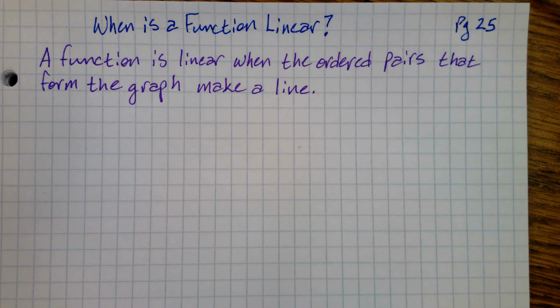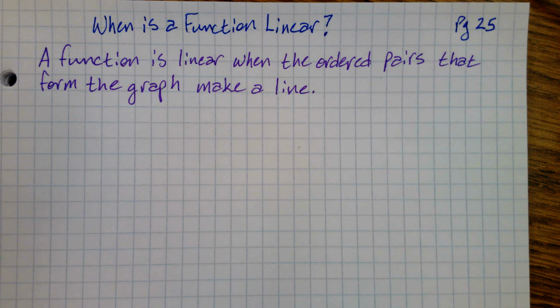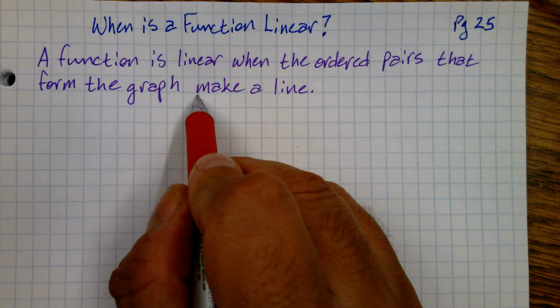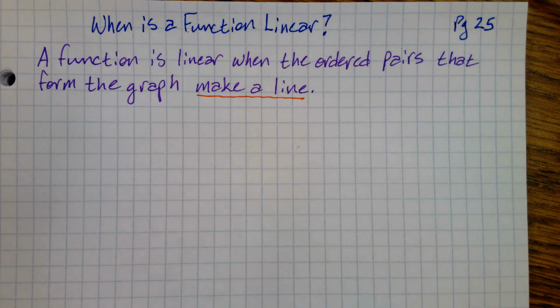Now we already knew that, or we already probably had an idea that that's what was going to happen. So we're really not going to deal too much with that because that's kind of like the obvious. So when you graph it, it forms a line.